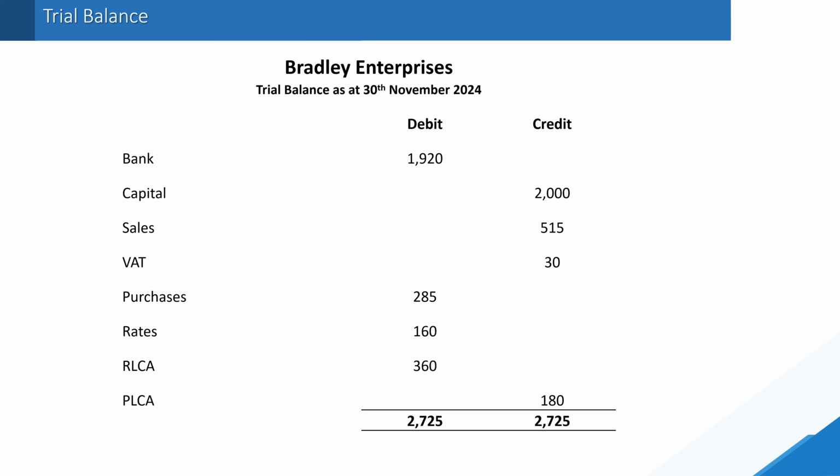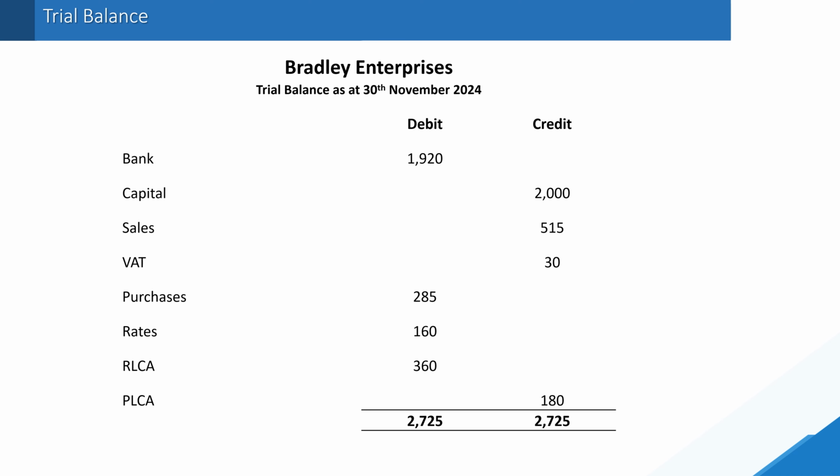We can see that we have an asset balance at the bank of £1,920. That's money in the bank. We can see that there has been an investment in this business by the owners of £2,000, the capital figure. We can see that sales revenue has generated £515.